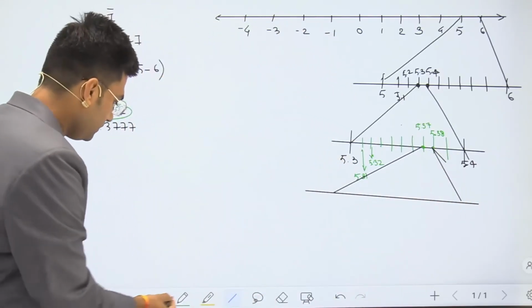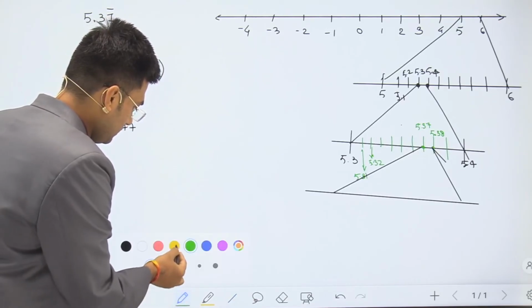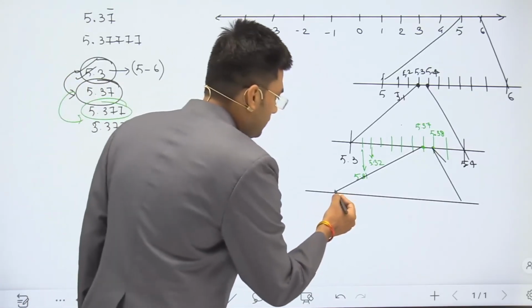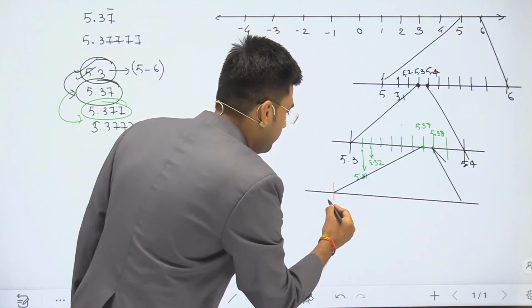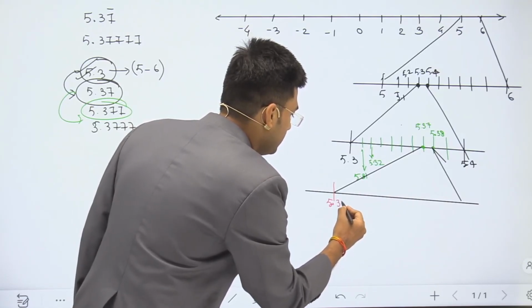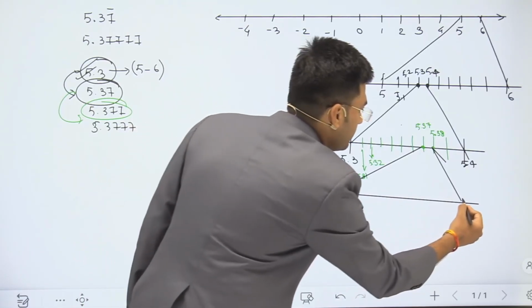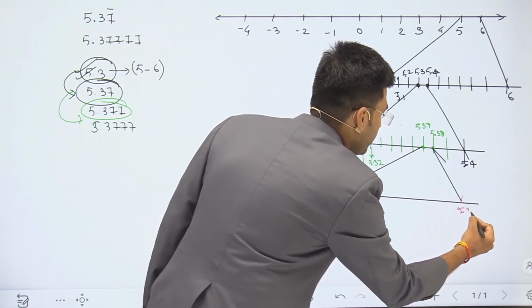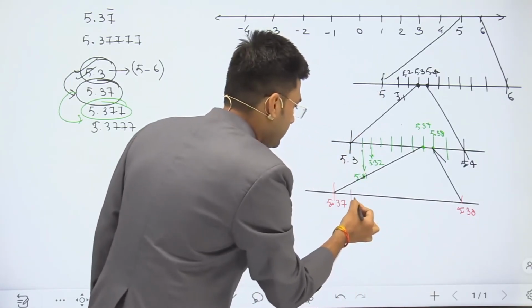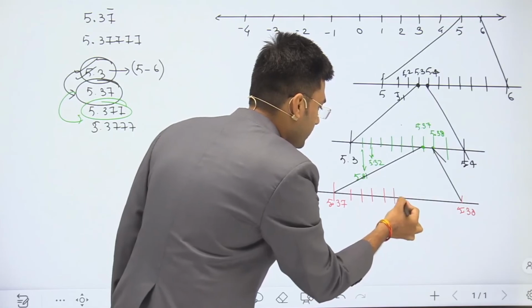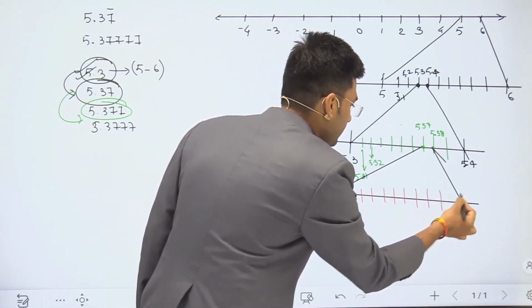This is 5.37 and this is 5.38. 1, 2, 3, 4, 5, 6, 7, 8, 9 and 10.